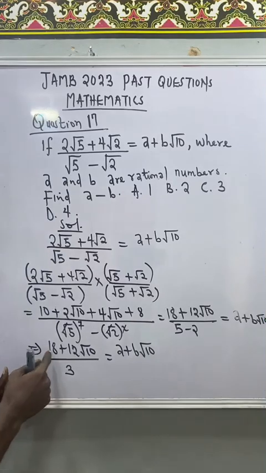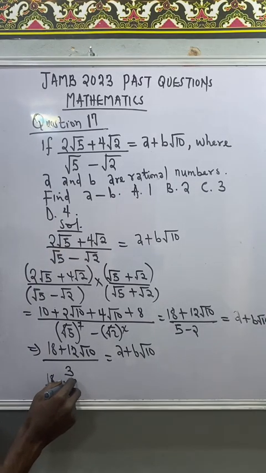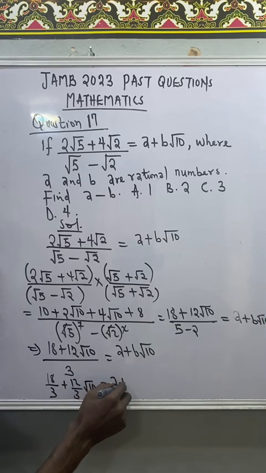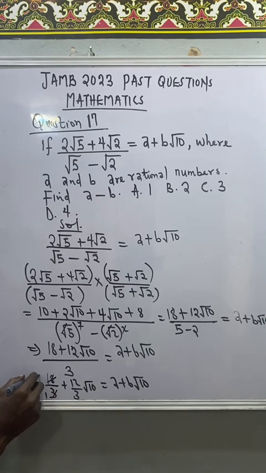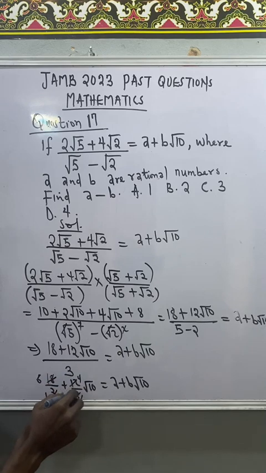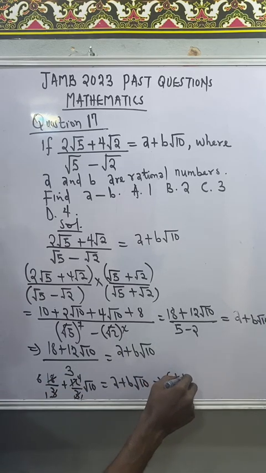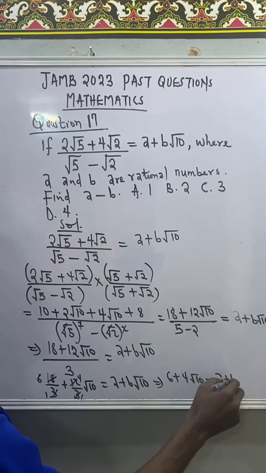So if you share this, you have 18 over 3 plus 12 over 3 root 10 equal to a plus b root 10. 3 into 18 is 6, and 3 into 12 is 4. So at the end of the day, we have 6 plus 4 root 10 equal to a plus b root 10.